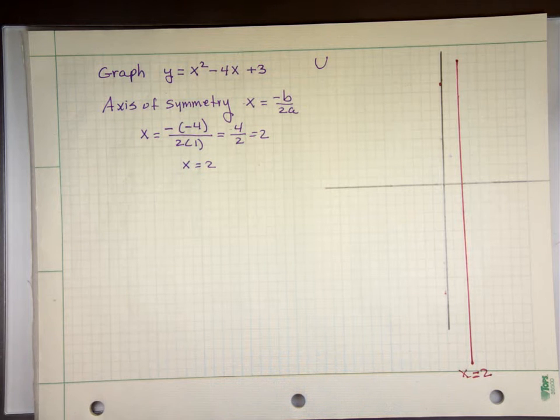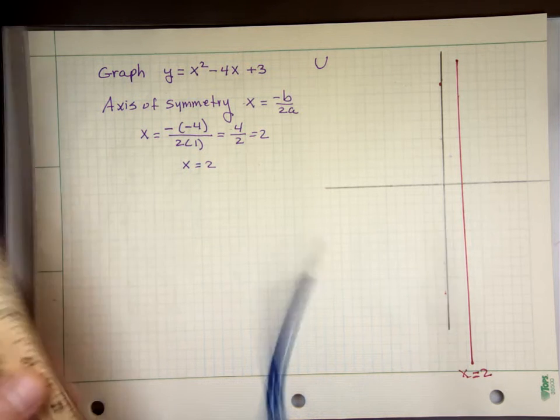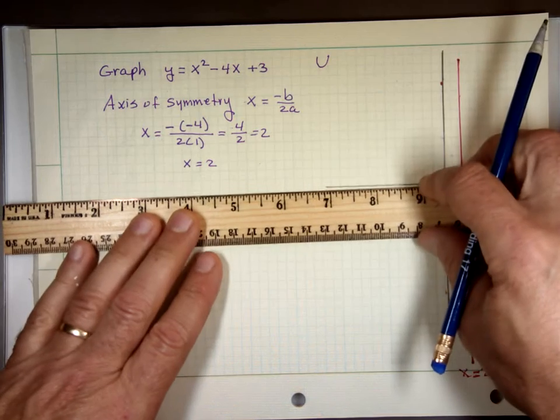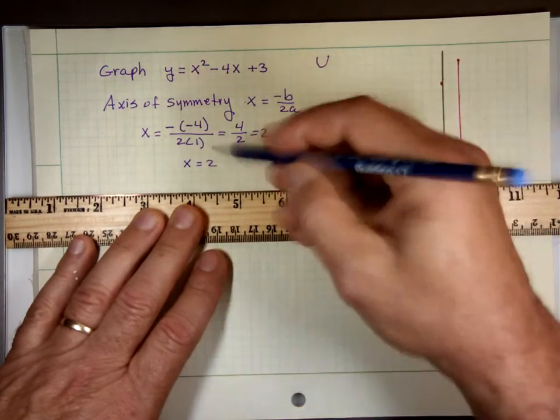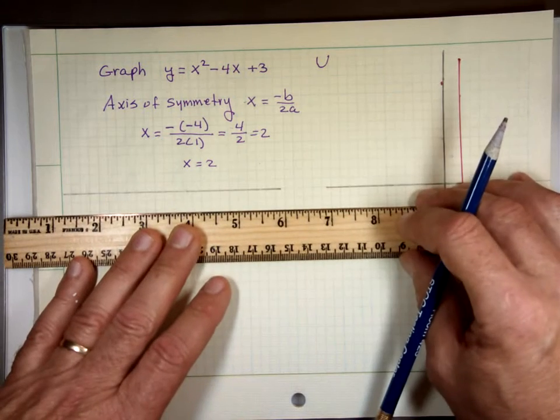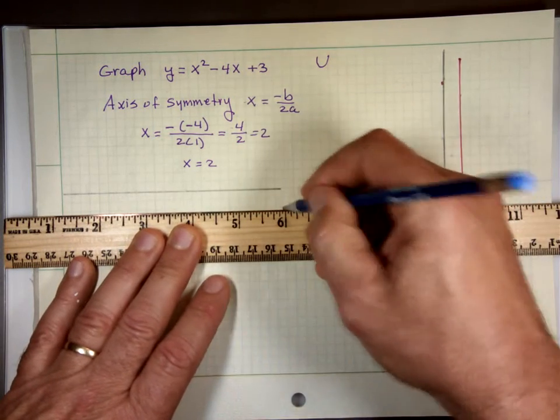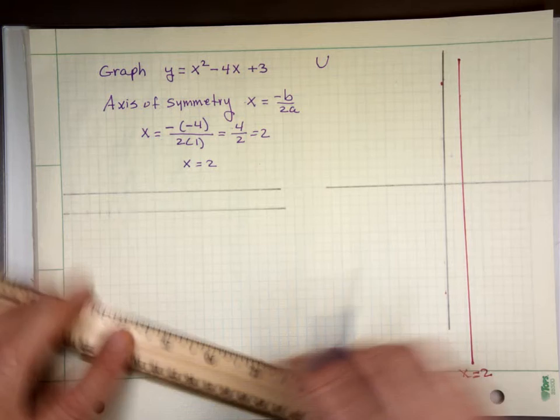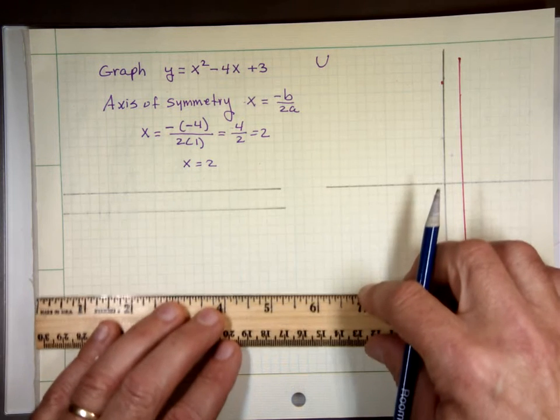Let's take some values for x. I don't like the way it looked last time, drawing the lines by hand. Notice I'm not going to pick a lot of values. Maybe 3 will be enough.